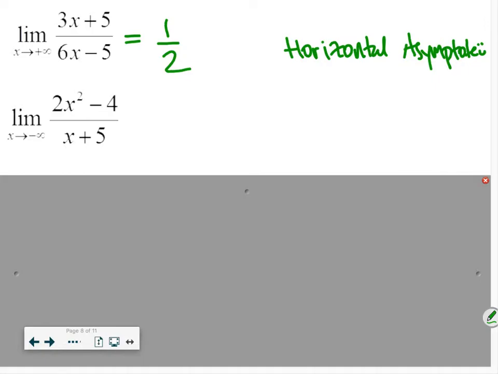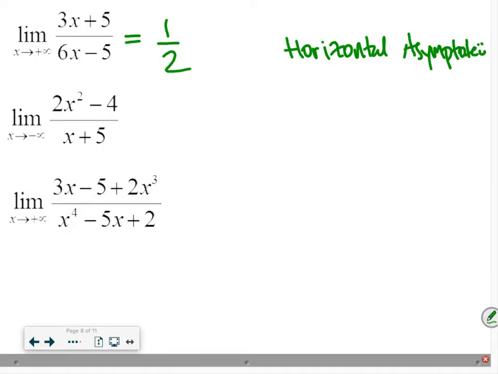Write this one down. I'm actually going to have you write both of them down. Notice how in both of these the degrees are different, numerator and denominator. So there are 3 options when we have a rational function.